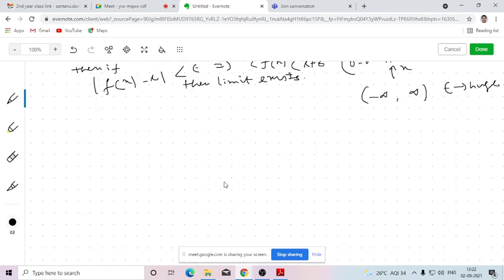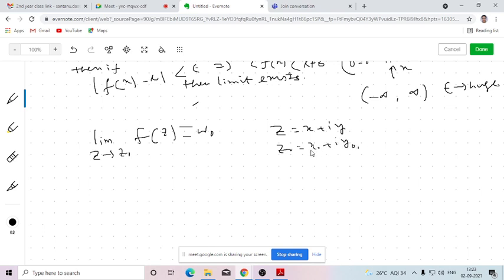Yes, sir. Then how can we incorporate the same definition while studying the limiting value for a function of a complex variable? Let z tend to z0, f(z) tend to, let's say, w0. So here z, being a complex number, will be x plus iy, and z0 is a complex number, x0 plus iy0. f(z) is a complex number, that is w equals u plus iv, and w0 is a complex number, u0 plus iv0.